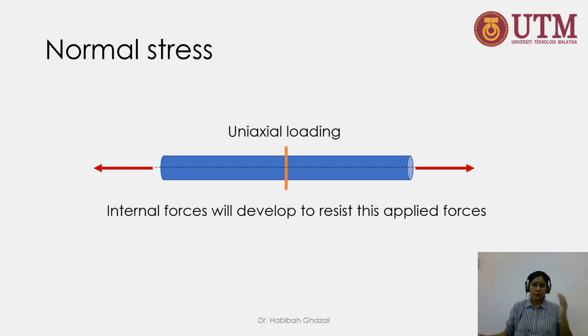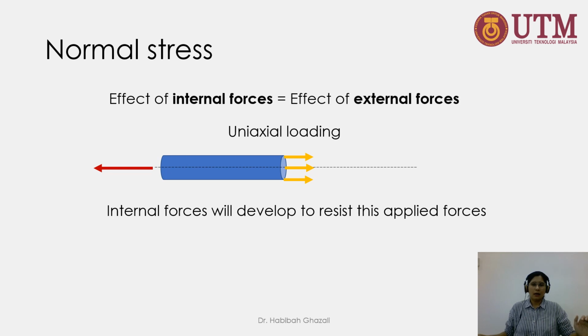So if I do method of section and I expose these internal forces, the effect of the internal forces for this member to be in equilibrium must be equal to the effect of the external forces. So the stress is actually the intensity of this internal force along that surface area of the beam.